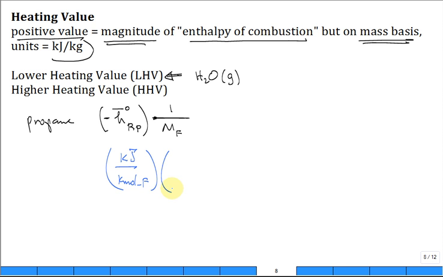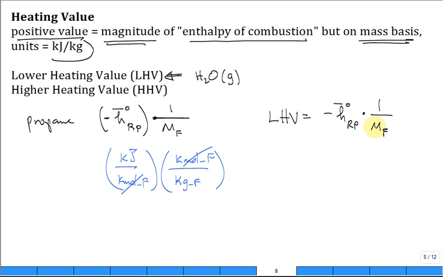It's how many kilograms of the fuel per kilomole of the fuel. We see that the kilomoles of the fuel cancel, true? And we're left with a positive entity, how many kilojoules of heat are transferred out, standard combustion, per kilogram of the fuel. And so that's our lower heating value. So the lower heating value is negative times 1 over the molar mass of the fuel.